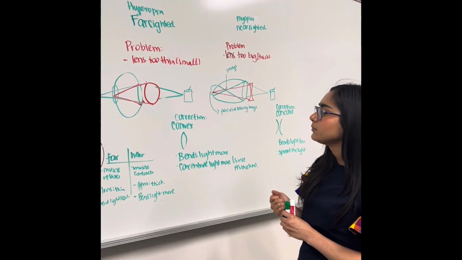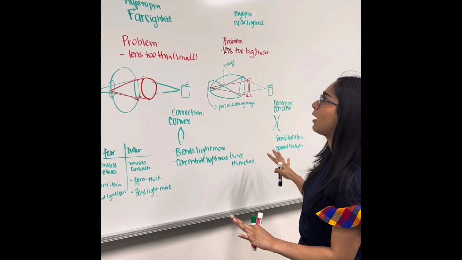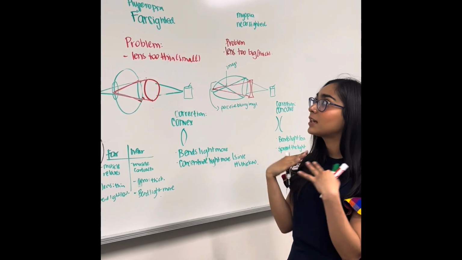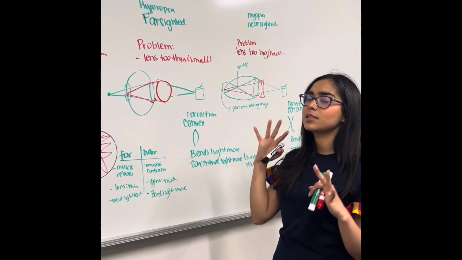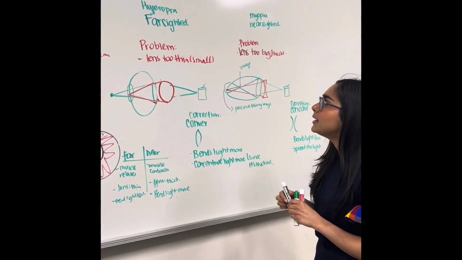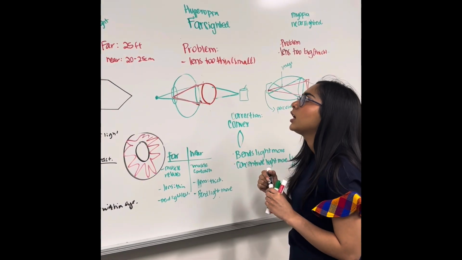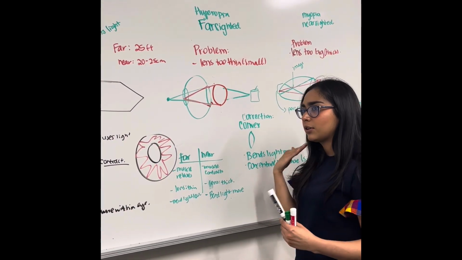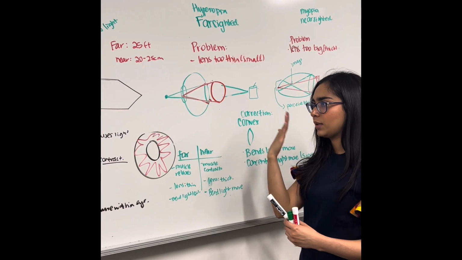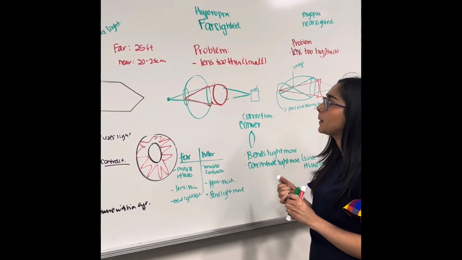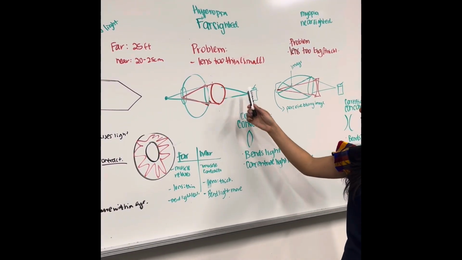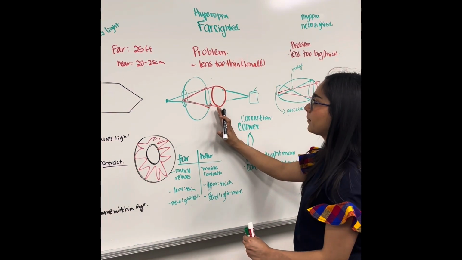So let's talk about some things that happen. For example, I have myopia. Some people have hyperopia. So let's see what's the problem and what happens in the eye. Hyperopia people are usually people that see better far than what they see near. Their problem is that their lens is too thin.